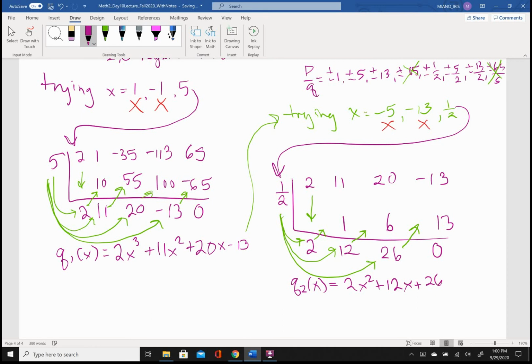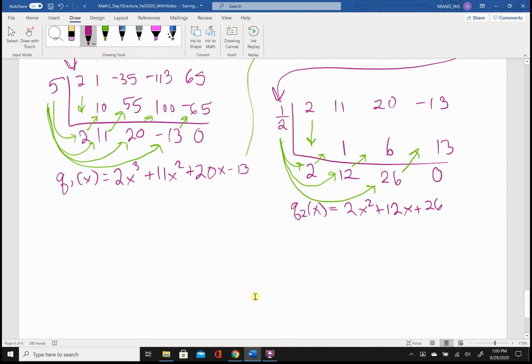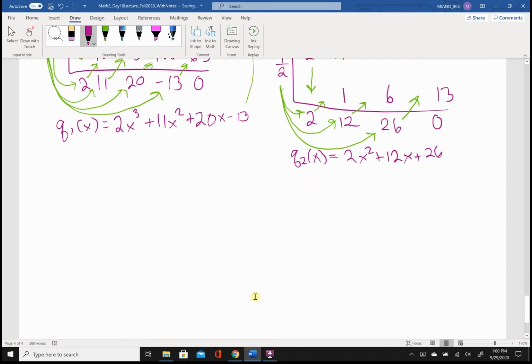Okay, now trying to factor this, because it's quadratic, we have some options. We could notice that there's a GCF, right? So we could factor out that common factor of 2 and be left with x squared plus 6x plus 13. And then we will check to see if this remaining quadratic in the parentheses here is factorable.